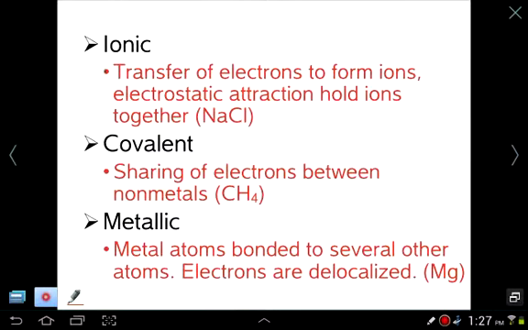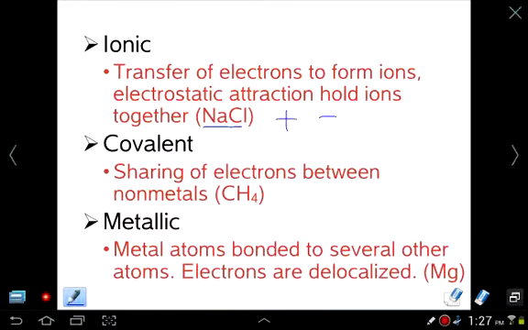In ionic bonding, there is a transfer of electrons to form ions, and then there is an electrostatic attraction that holds these ions together. The electrostatic attraction essentially is the plus and the minus. So here we know that sodium has a plus charge, chlorine has a minus charge.